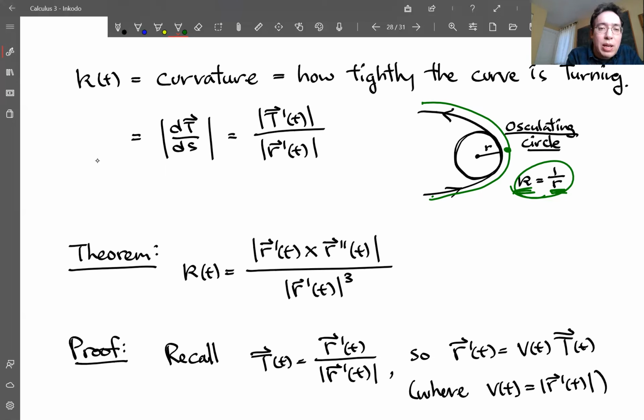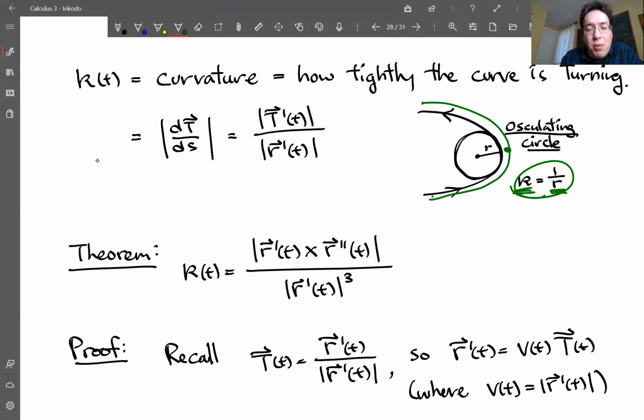You can look at how the unit tangent is moving per unit length you traveled in the curve. Or if you just rescale the speed, basically you can compute the magnitude of how the unit tangent is changing and divide by the speed. So if you're traveling fast, you can account for it by dividing by that.